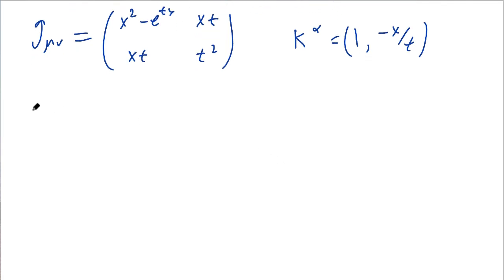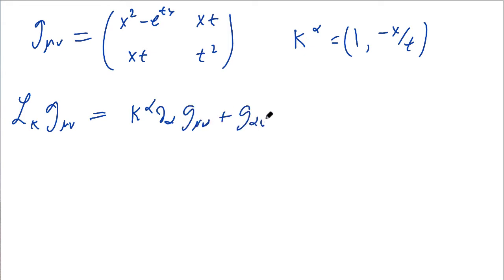All right, so what we need to compute is the Lie derivative of g mu nu along the Killing vector field k. Well, let me remind you, this is k alpha partial alpha g mu nu plus g alpha nu partial mu k alpha plus g mu alpha partial nu k alpha. So we just need to examine this expression component by component.